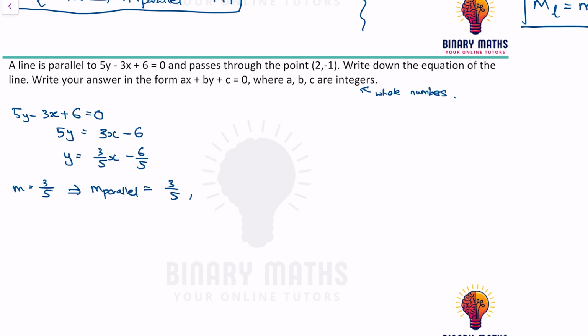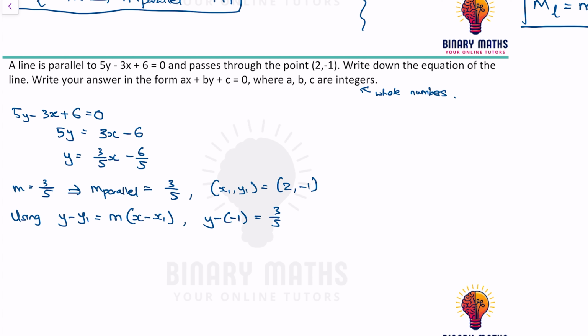Now I have a point that this parallel line goes through. Let's just call this x1, y1 is equal to (2, minus 1). Now using my equation of a line formula, which is the more useful one, y minus y1 is equal to m times x minus x1, I end up getting y minus minus 1 is equal to 3 over 5 times x minus 2.